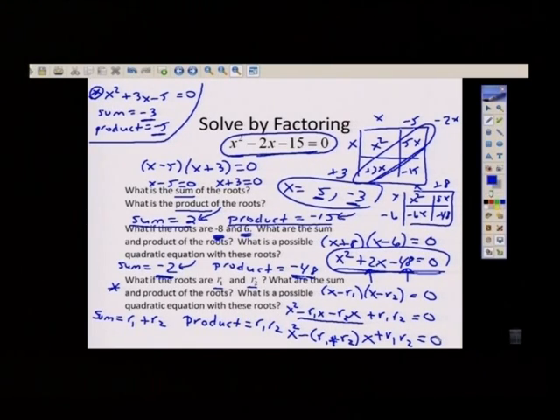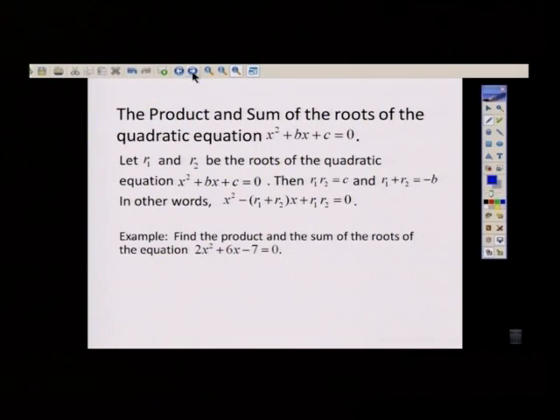So it does turn out that the quadratic equation is x squared minus what the roots add up to times the x plus the product of the roots. And that's what I have on this slide to kind of explain a little bit or wrap up.